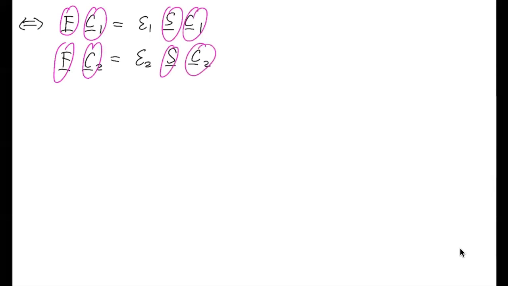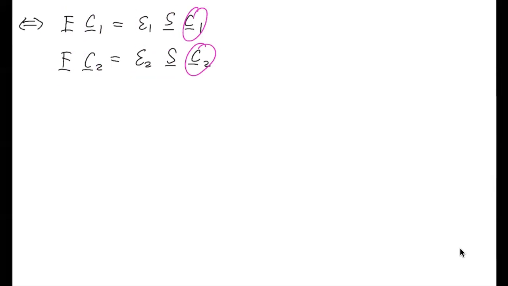Now, for those symbols, those are all matrices, right? But epsilon 1 here is a number. Epsilon 2 here is also a number, okay? This is the conventional notation we use, okay?